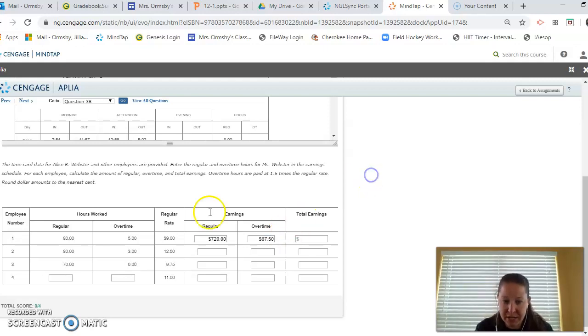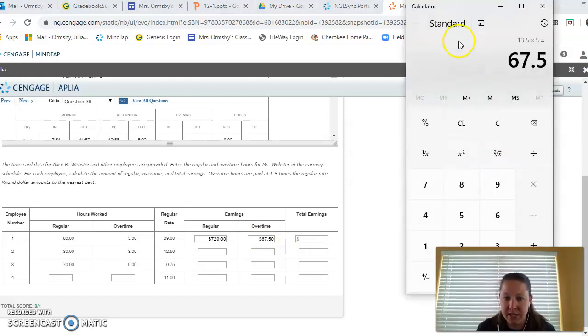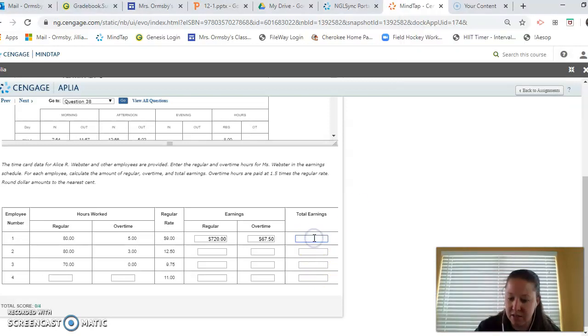And then what we're going to do is add the regular earnings plus the overtime earnings to give us the total earnings. So $67.50 plus $720 equals $787.50. So $787.50.